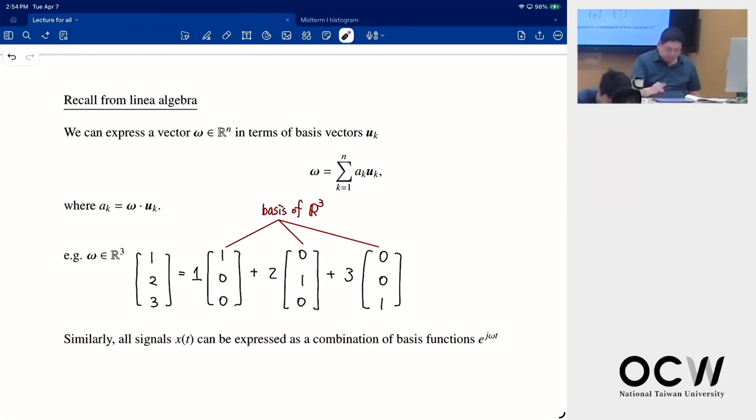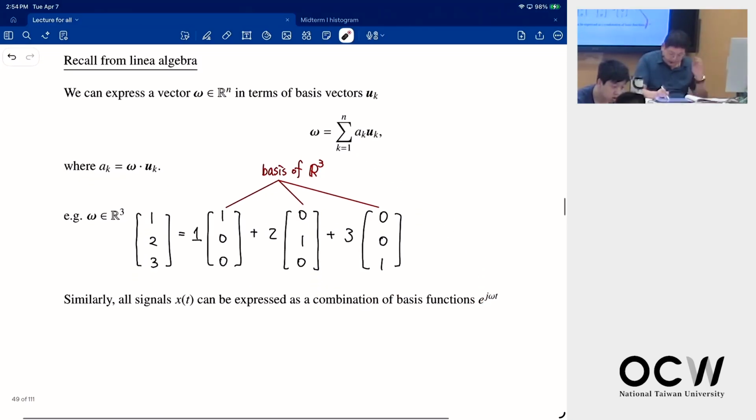Therefore, based on this example, all signals can be expressed as a combination of basis functions. Here we have the function e to the j omega t, like here. So we can write it down.